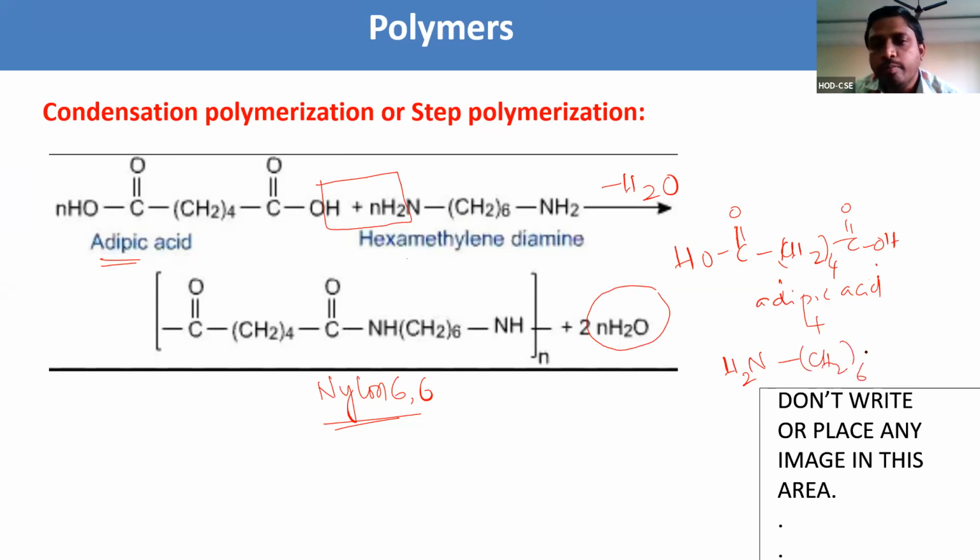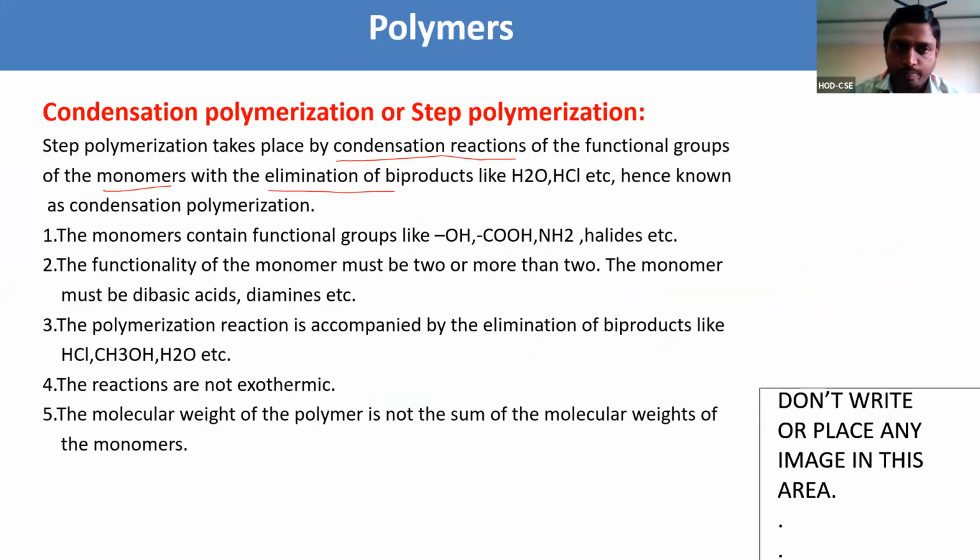Hexamethylene diamine reacts with adipic acid and produces nylon 6,6 with elimination of an H2O molecule. This is the preparation of nylon 6,6.